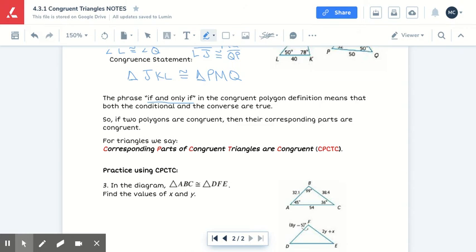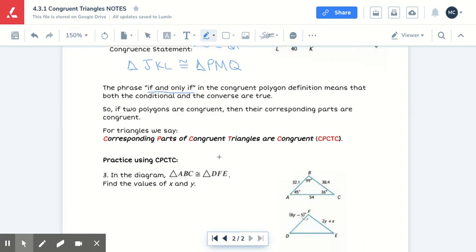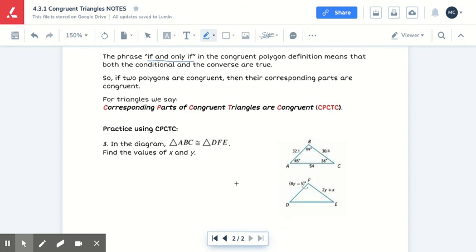So if they tell me that I've got two congruent polygons, then I can use that to find the missing pieces of a second one. So back at the very beginning, it said CPCTC, and that actually stands for corresponding parts of congruent triangles are congruent. So this is just a lot shorter.